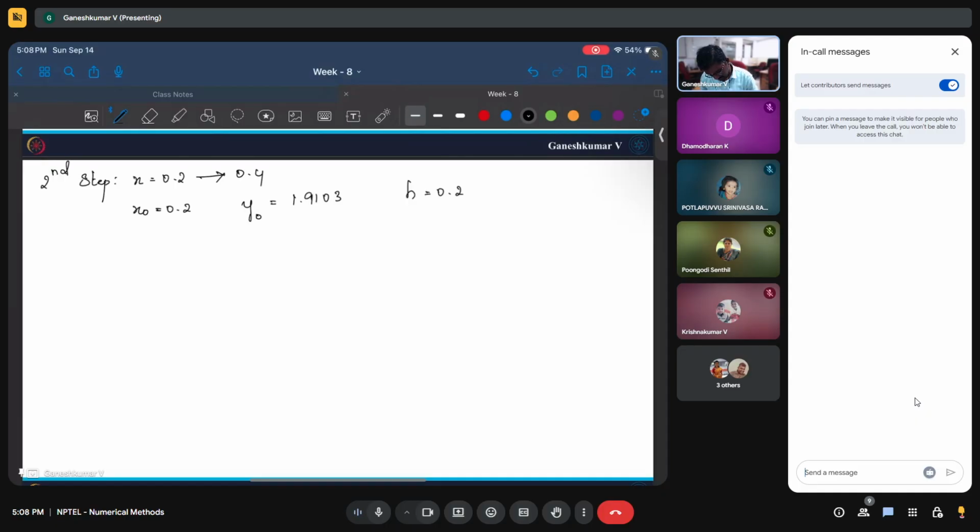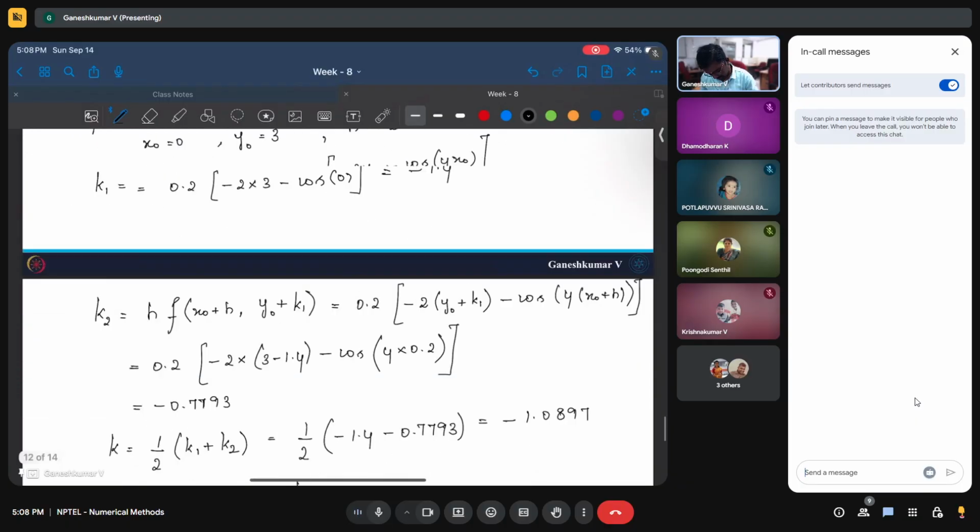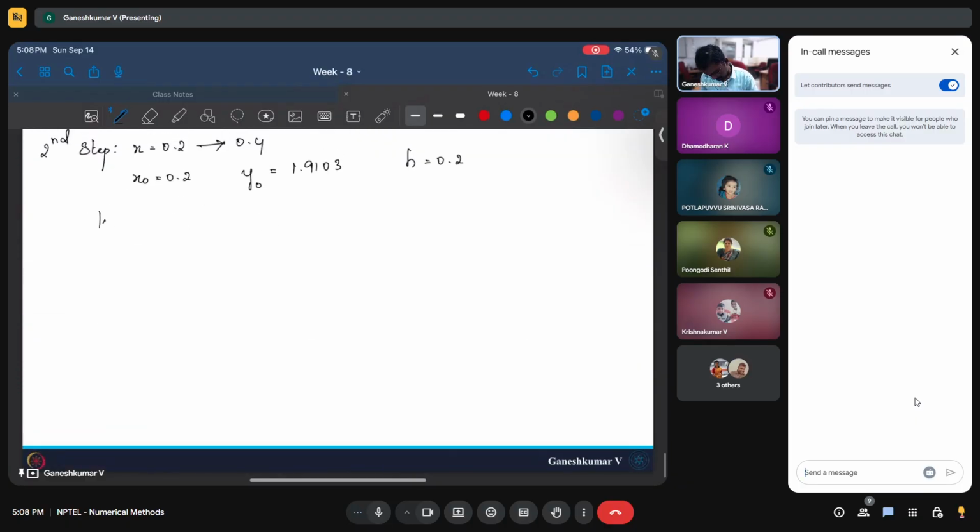Now let's evaluate K1 and K2. K1 is h into function of x naught and y naught, which is equal to 0.2 into minus 2 into y, which is 1.9103, minus cos of 4 times 0.2.